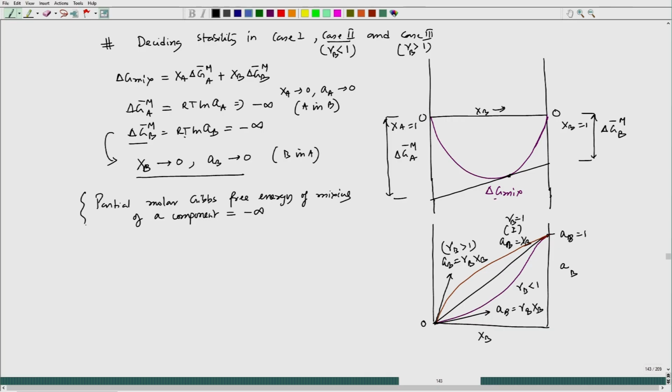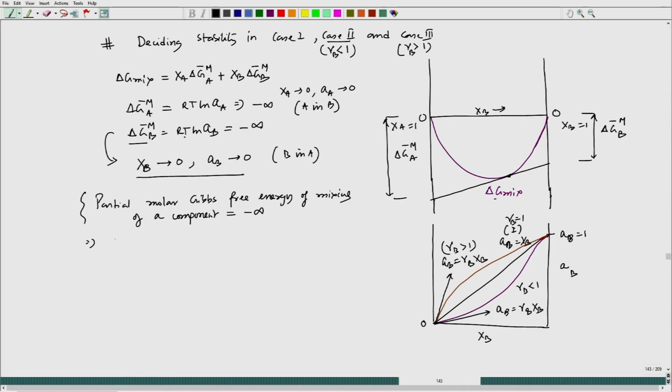It means that whenever we have such a situation, a very dilute solution or, let us say, ultra pure metal, if we try to have some impurity there, here we are talking about the solute, let us say a very dilute solution of B in A, that means we are starting with ultra pure A, and then if we add a little bit of B there, even if it is a small quantity, A would immediately capture B and try to mix it together, because the free energy change for the formation of solution is minus infinity. That means it is extremely spontaneous.